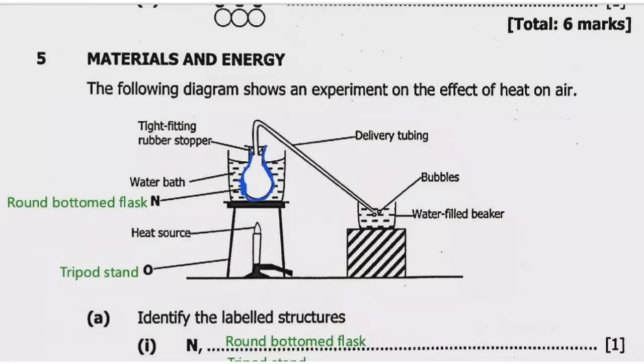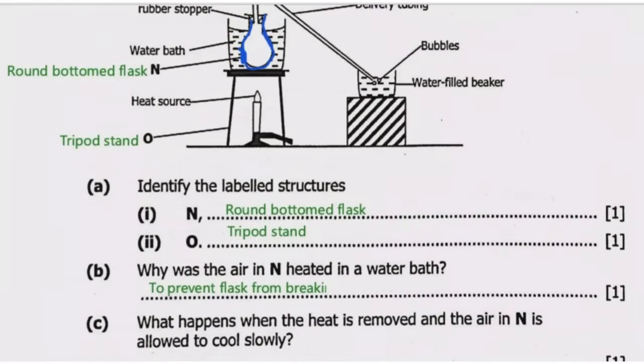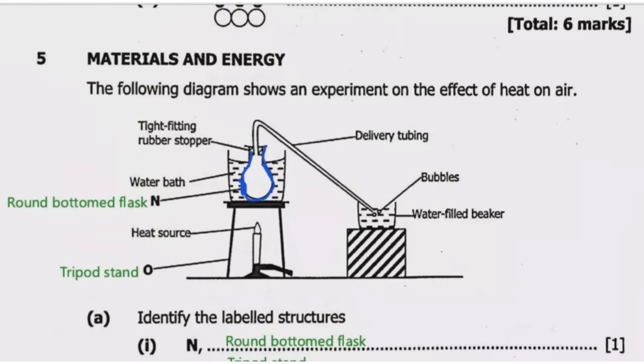Okay, now when heat is removed, then the air starts contracting. Now remember, part of the air has moved out because of expansion. It became big, then it started moving out. Now after cooling, since the delivery tubing is in the water, there will be no air coming in again.